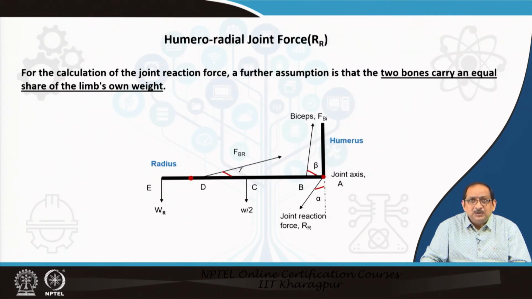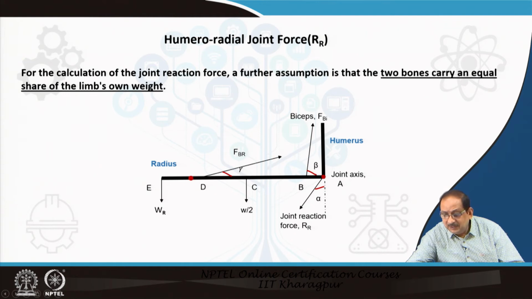Now, for the calculation of the humeroradial joint reaction force, a further assumption is that the two bones carry an equal share of the limb's own weight. So, we can see here that the limb weight is half in case of the radius articulating with the humerus.